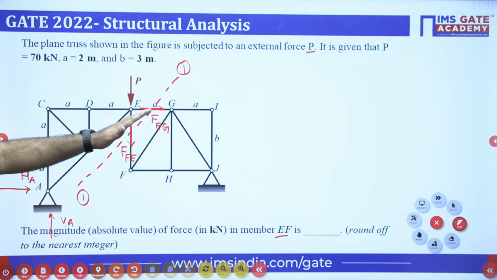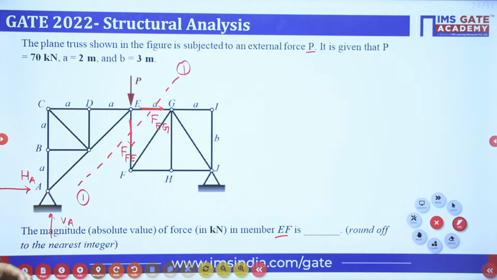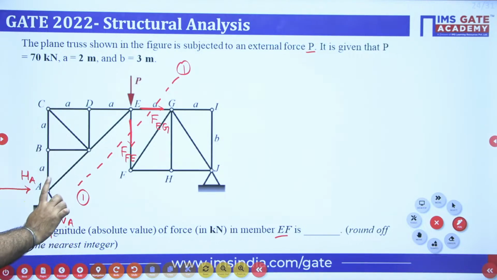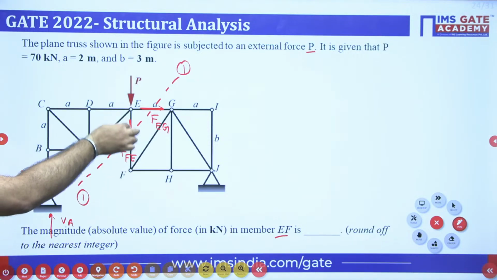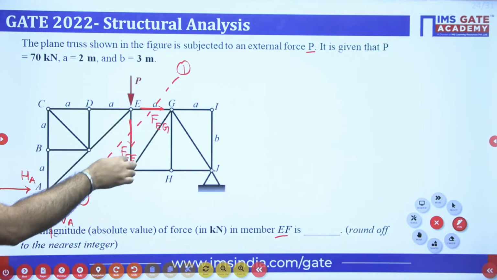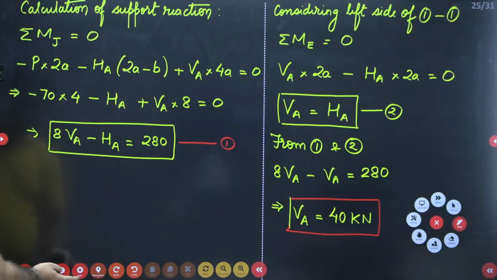Now again consider the left side and take summation of vertical forces. So when you take the left side of this section, the vertical forces acting are VA, P and EF, force in the member EF. These are the three vertical forces acting on the left side.